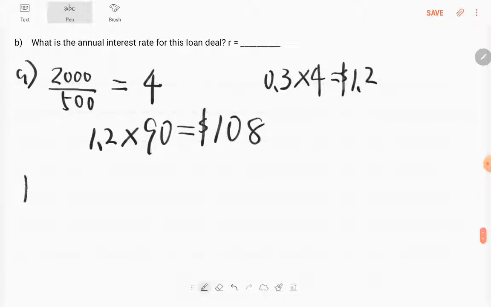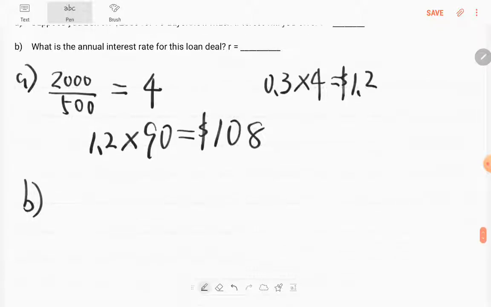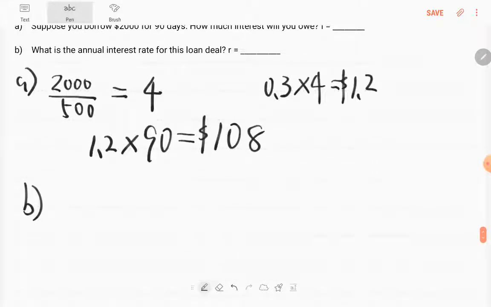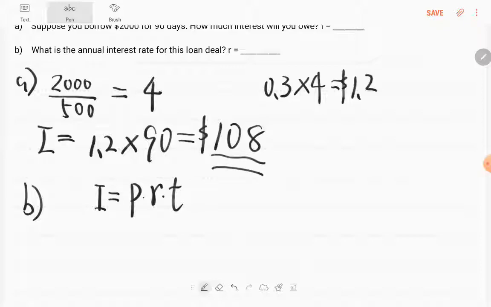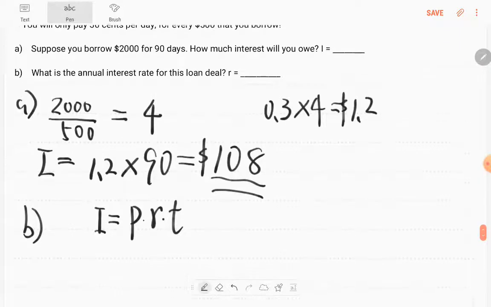So the second problem is, what is the annual interest rate for this loan deal? Since this is simple interest, we use I is equal to P times R times T. We know I is $108 and P is 2,000. R is unknown, we need to calculate, and T is 90 days.